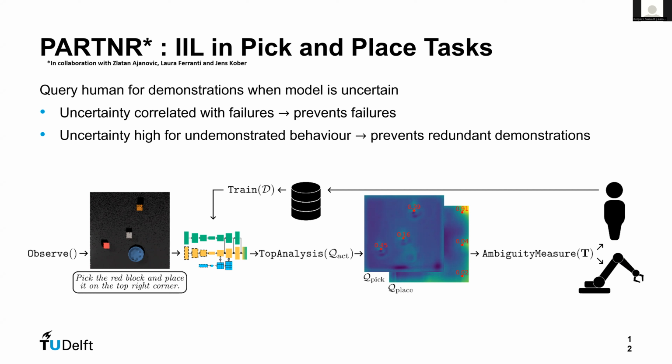But of course, in practice, you might also have imperfect demonstrations, and there are also people working on how to deal with that, for example, filter out these imperfect demonstrations or learn how to deal with that. But in this specific work, we have the assumption of close to perfect demonstrations.